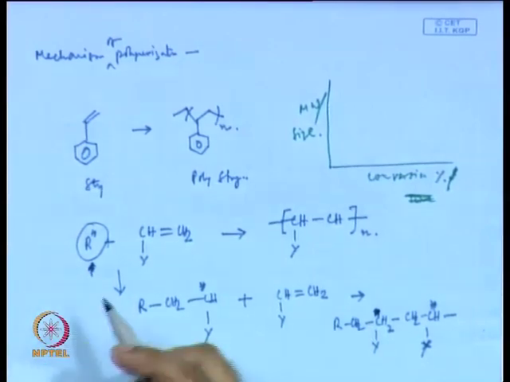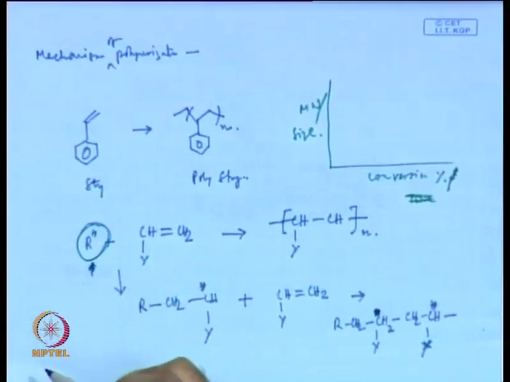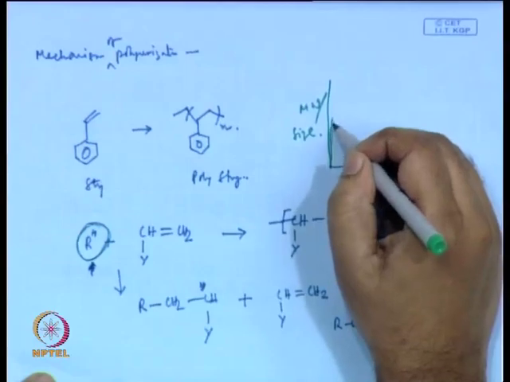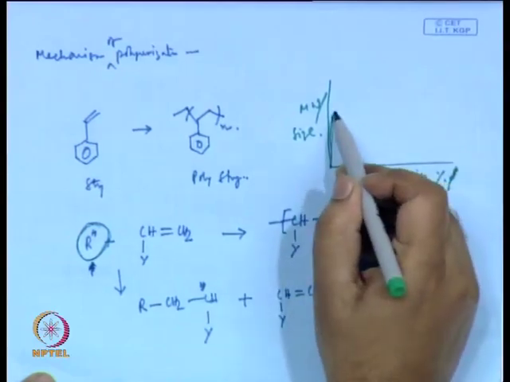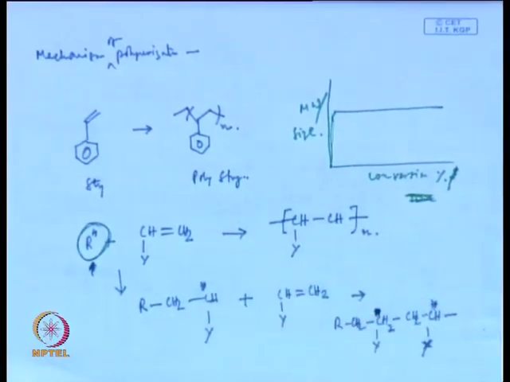The more this initiator generates active species in the system, the more chains get formed. So, at the very beginning itself you get a high polymer, a very high molecular weight polymer in the system, and the more active species get generated, the more monomers react. So, more and more polymer chains are formed.